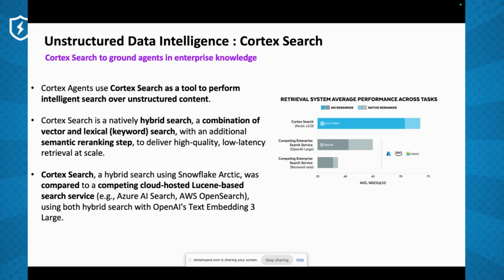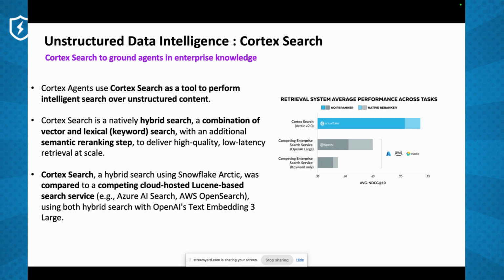Similarly, for unstructured data intelligence, we talk about Cortex Search. Cortex Analyst uses Cortex Search to do intelligence, which means to do analysis over unstructured data. How does it do that? It uses hybrid search, which is a combination of vector and lexical, which is keyword search, with the addition of a semantic re-ranking step.